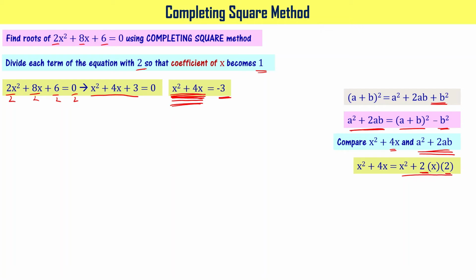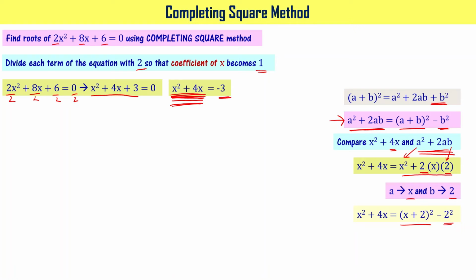When you do that, you say that a = x, right? And b = this particular 2. You have a = x and b = 2. Now let me substitute these two into this equation. When I do that, x² + 4x can be written as (x + 2)² - 2², right?